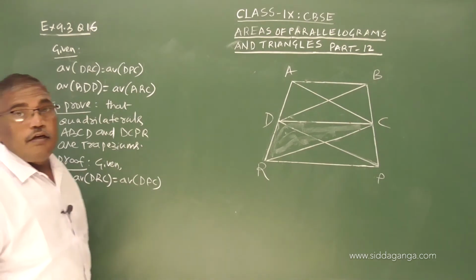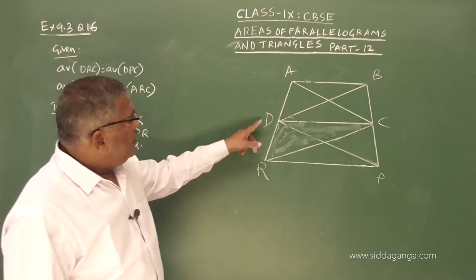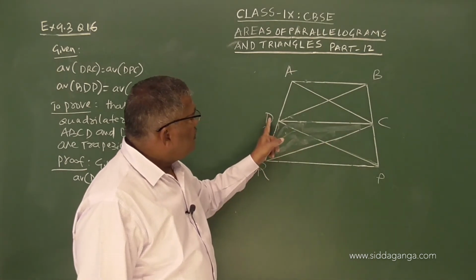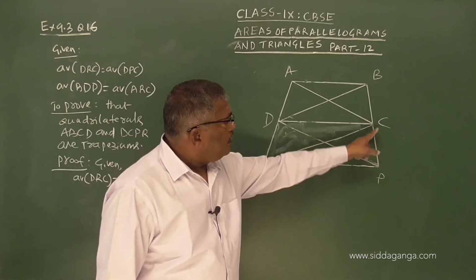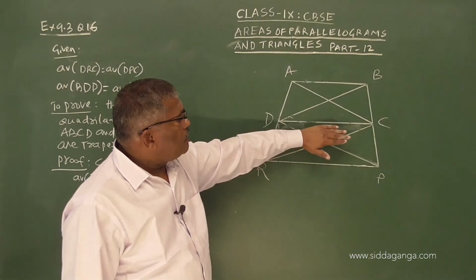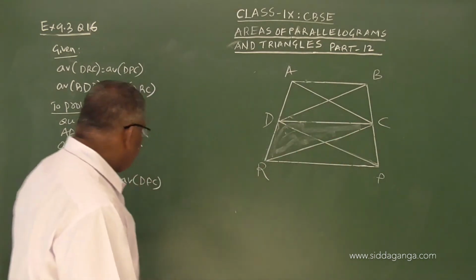Now you observe the figure carefully. DRC and DPC, if you observe the figure, these two triangles are on common base DC.